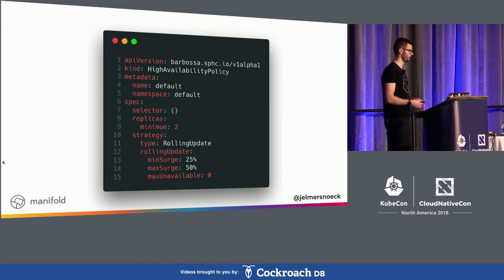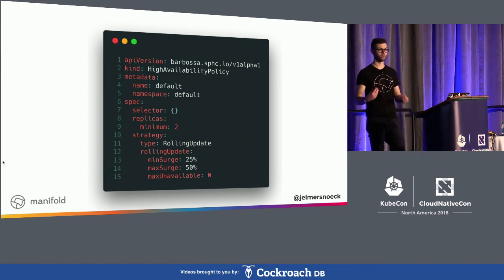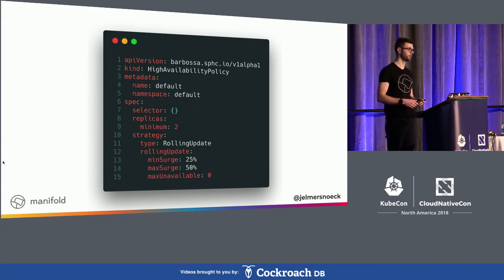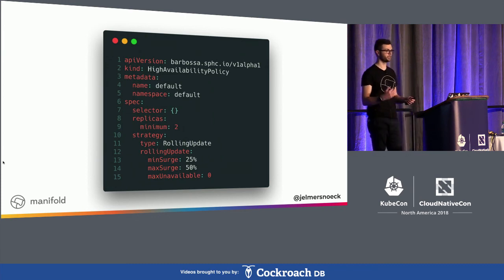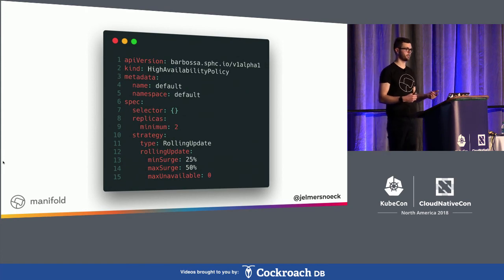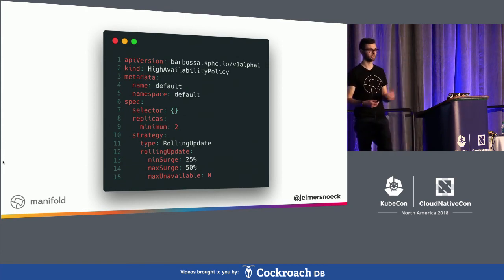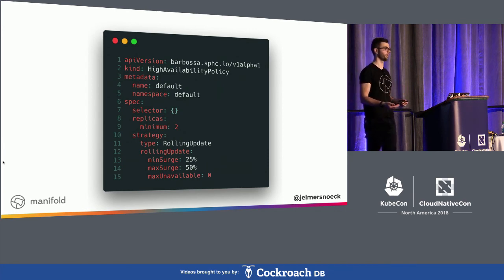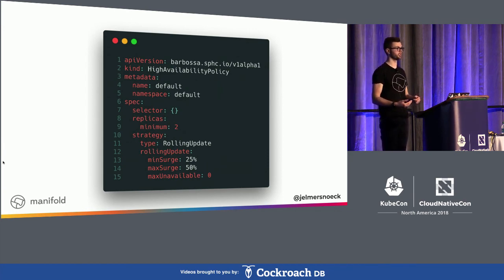So what we're going to do here is deploy this high availability policy in a namespace. And then we're going to say this applies to all pods. We use the selector here, which is again a label selector. The reason for that is that you can actually start mixing. So you can have a policy that says all pods should have a label, for example, team. And then you can start making availability policies based on teams.